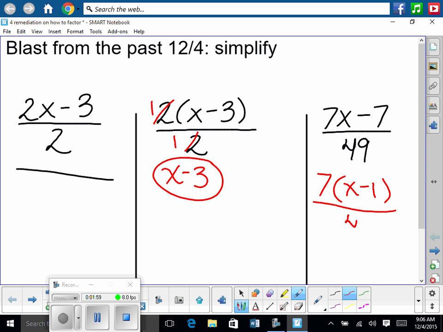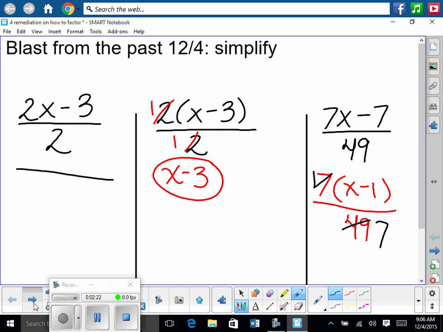Now understand, x minus 1 is connected by a subtraction sign, so unless there's that exact thing on the bottom, you cannot simplify it. But now 7 is being multiplied to all that, so now you can divide the 7 out. It becomes 1, and it becomes 7. So is everybody feeling a little bit more like, okay, now I'm seeing the difference?